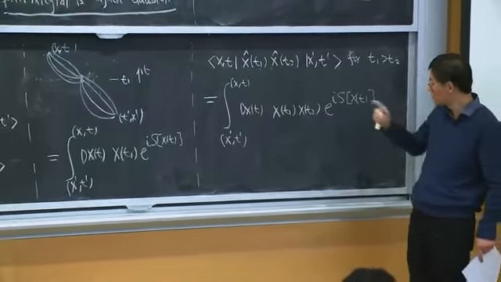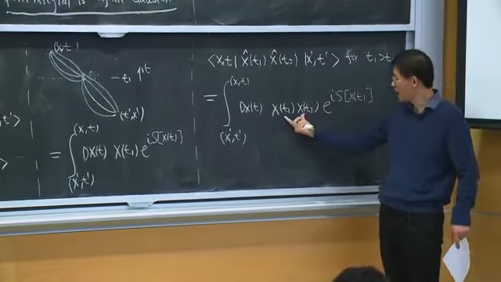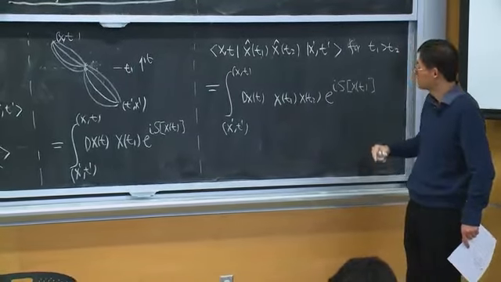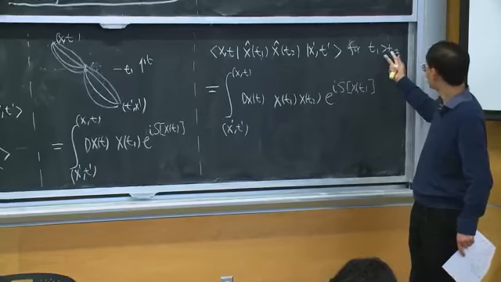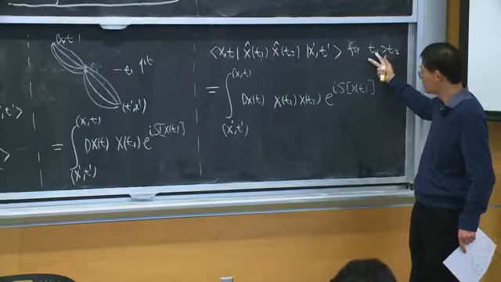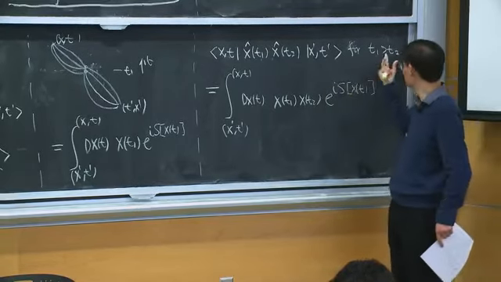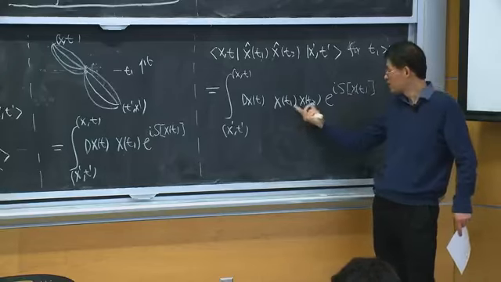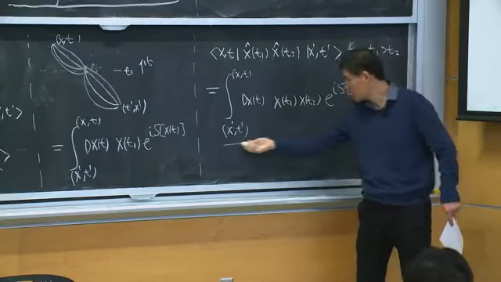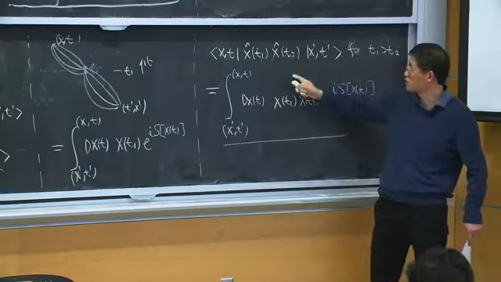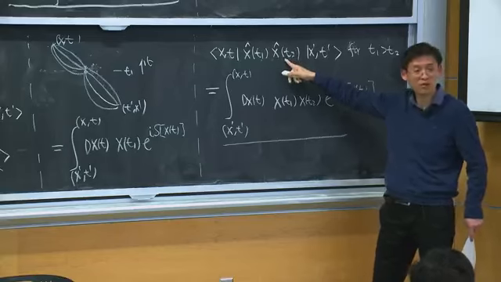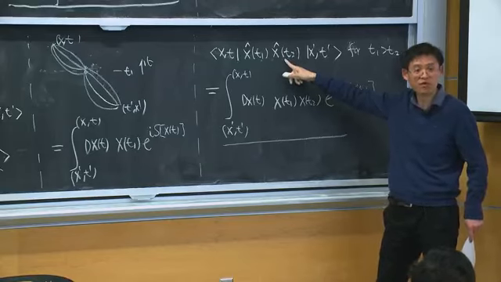But the same thing happens for t2 greater than t1. Suppose t2 is greater than t1; if you start with this expression, we can ask what the corresponding operator form could be. So what do you think will be the operator form?